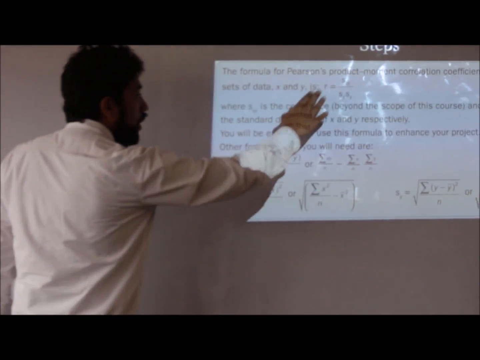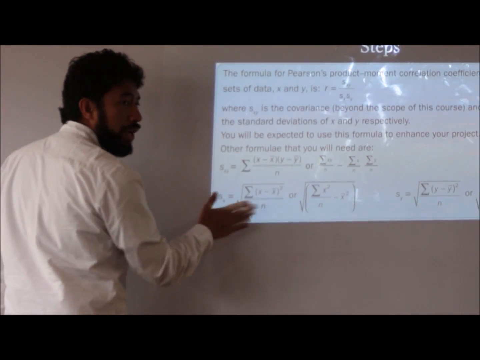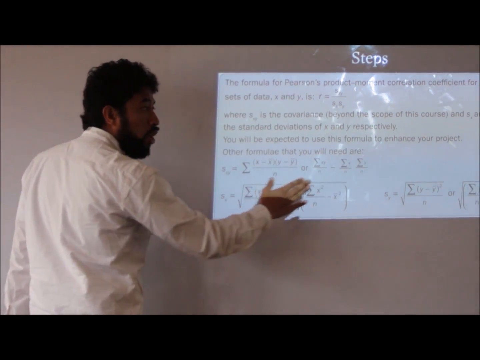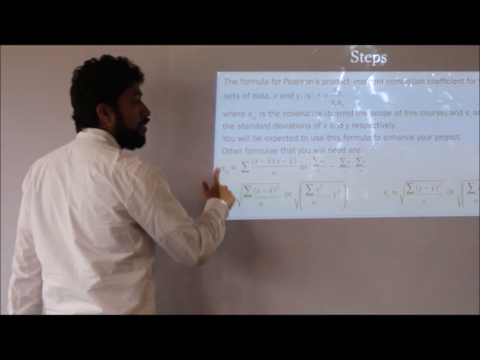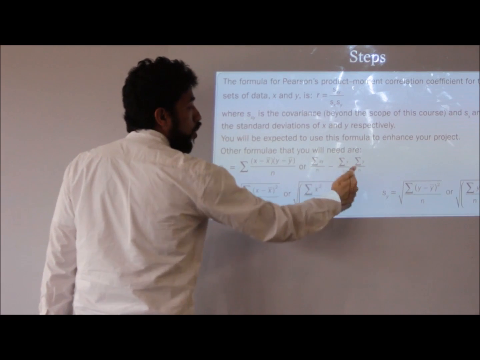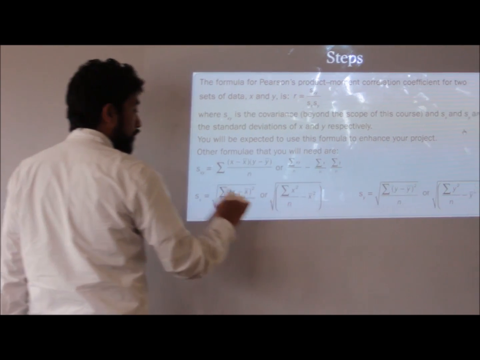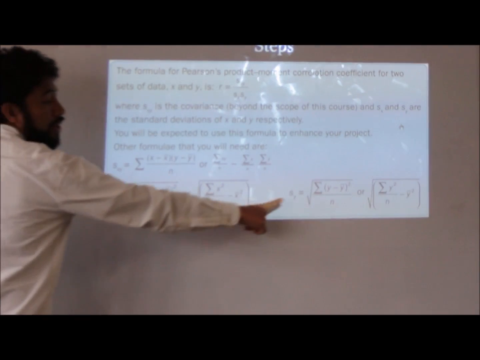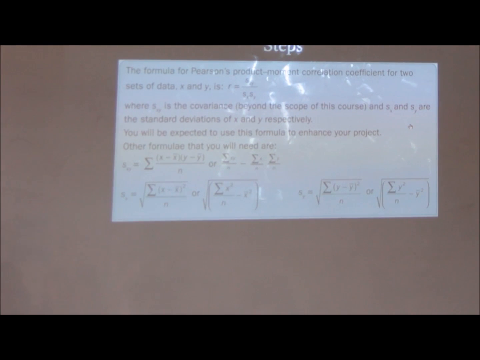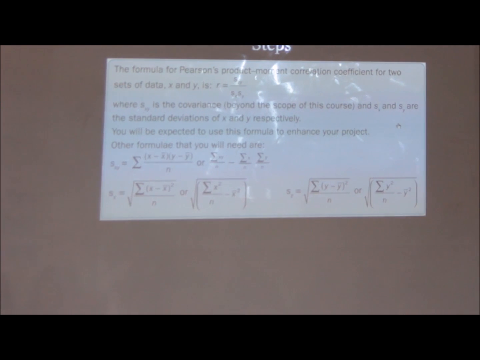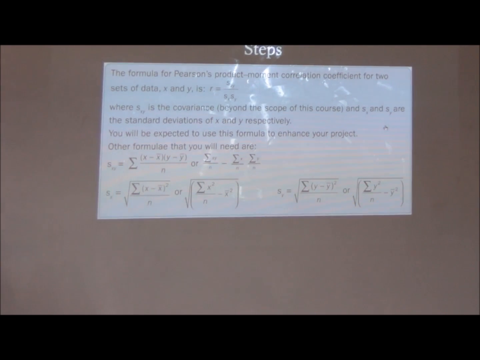Now, I need to find the covariance of X, the covariance of Y, and the combined covariance. Once I have these numbers, I can perform this, and that will be all. It won't take a lot of time. It won't be difficult. You just have to keep in mind the formula, and that's all.